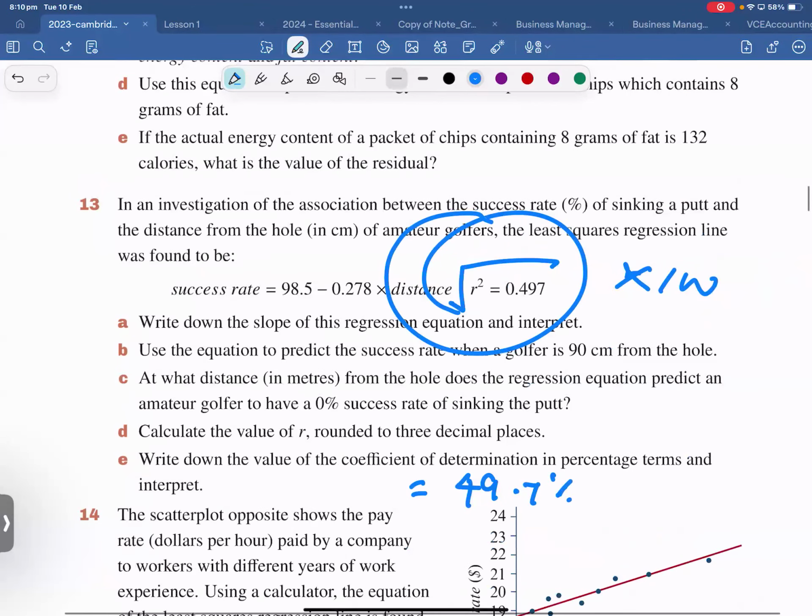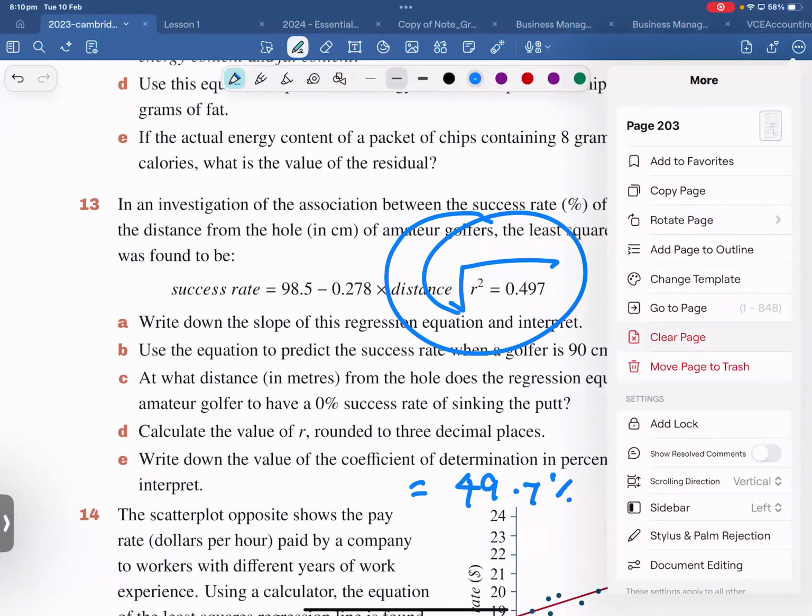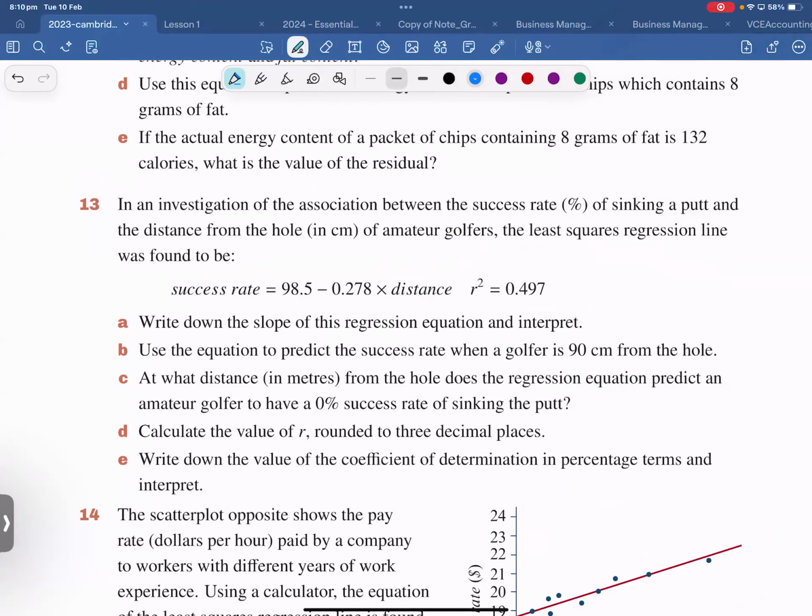Right. So what's the slope, guys? Negative 0.278, right?